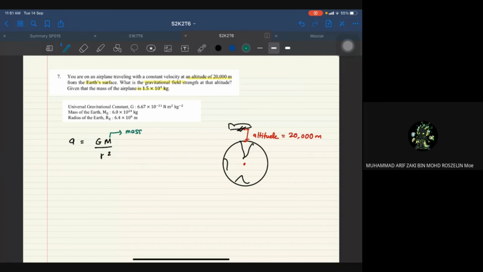Okay, apa source gravity tu? Apa gravity tu? Punca dia daripada mana? Daripada aeroplane ke daripada bumi? Bumi ke? Bumi lah kan? So mass of apa kita nak pakai?